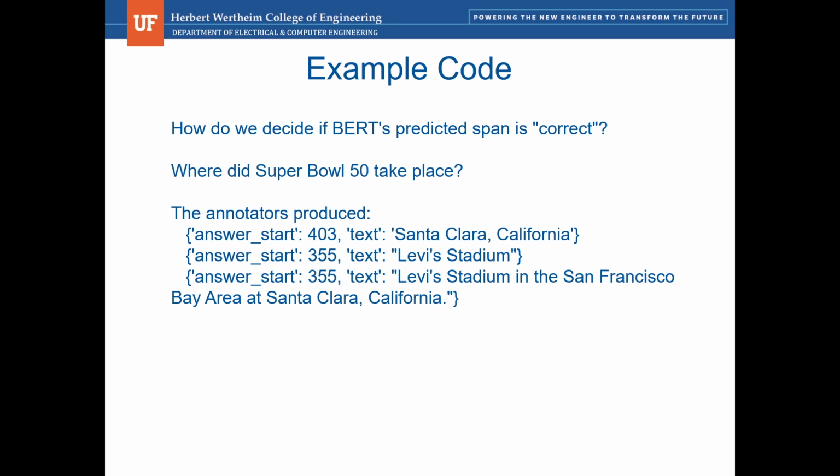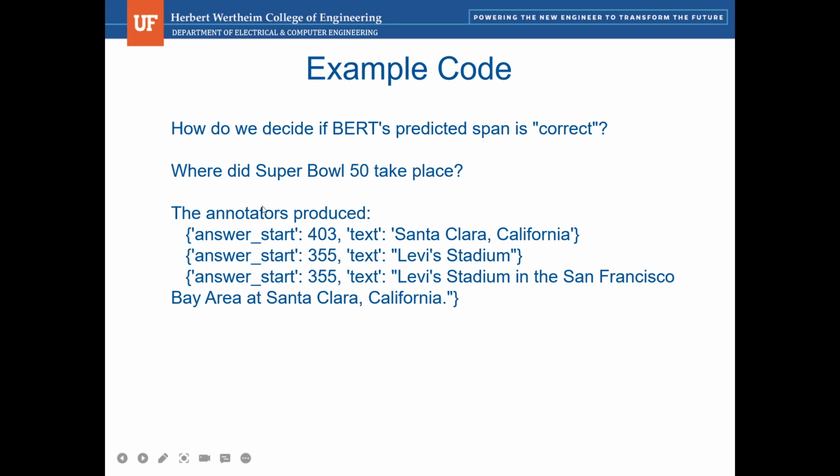Having BERT predict an answer span is pretty different from having BERT predict a category. So this is a question: where did Super Bowl 50 take place? And there are three correct answers.